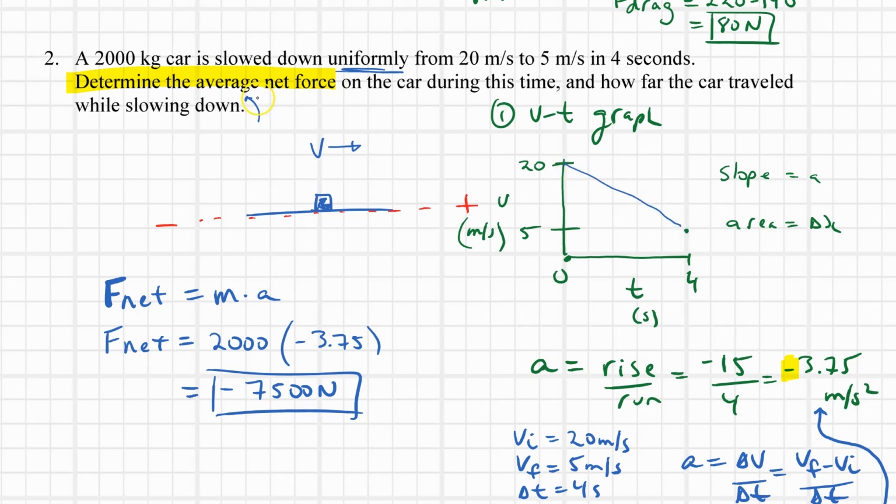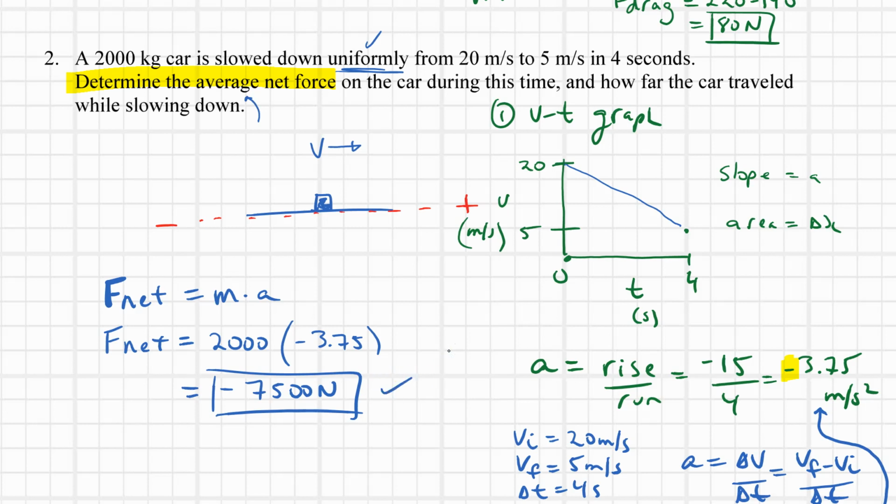So average net force in this case isn't going to make any difference to our calculations. In fact, because this word uniformly is there, this is actually a constant net force. If it was slowing down not uniformly, it would still have the average net force, but it might be varying, like they may have put their brakes on hard to begin with and then eased off at the end or something like that. Okay, so I hope that is helpful.